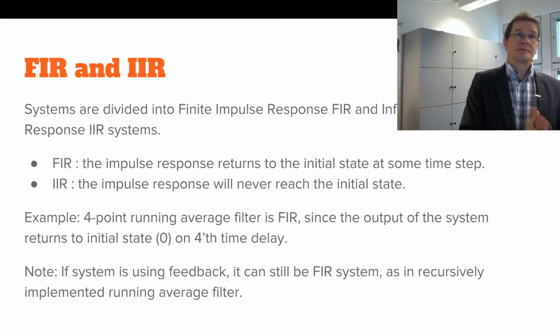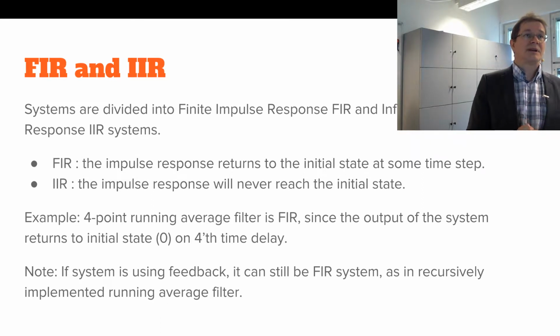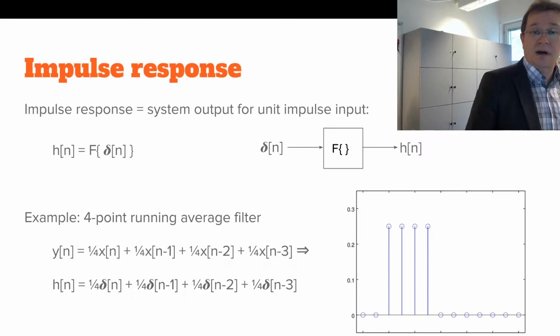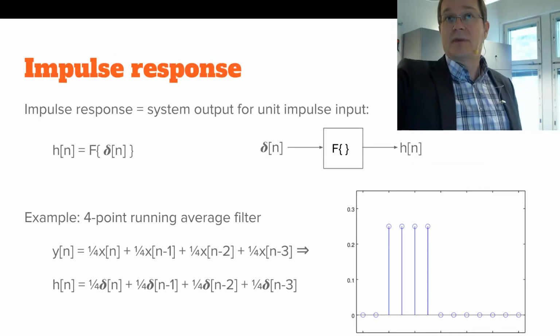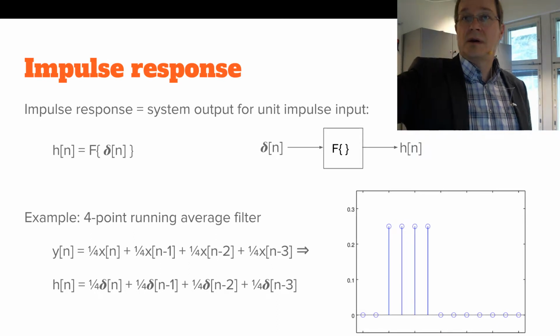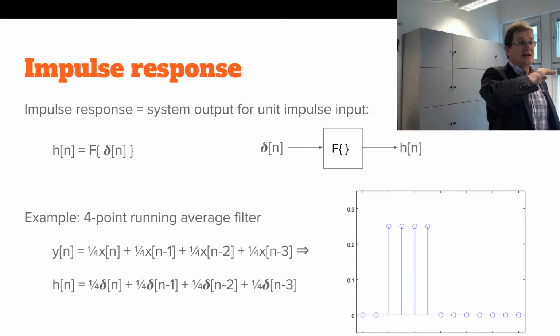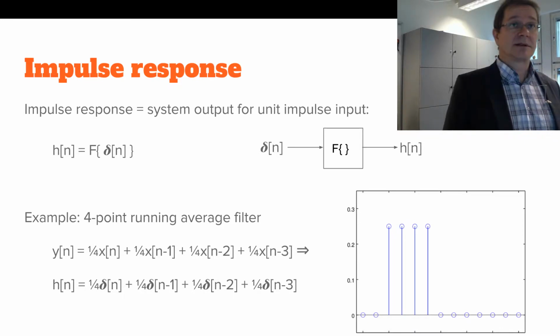So there's an example of the 4-point running average filter. It is FIR because, well, you can see it from the impulse response. After the fourth time step, the signal at the output dies totally.